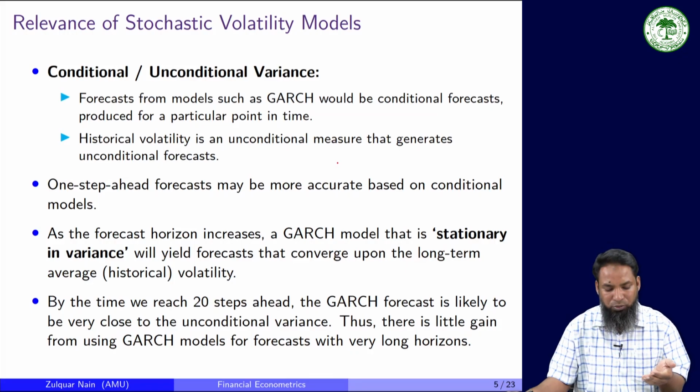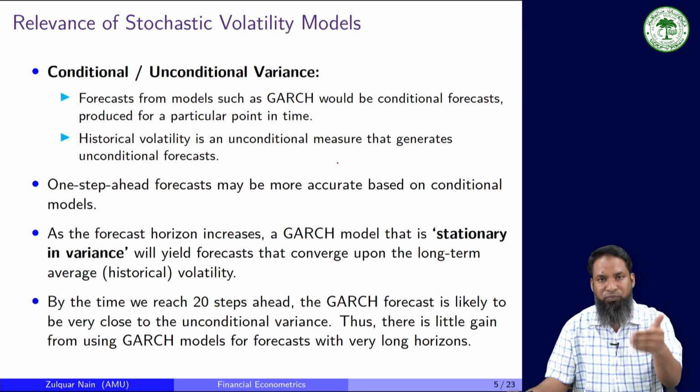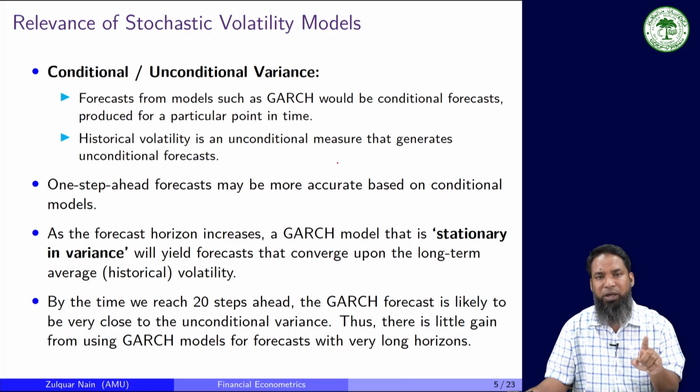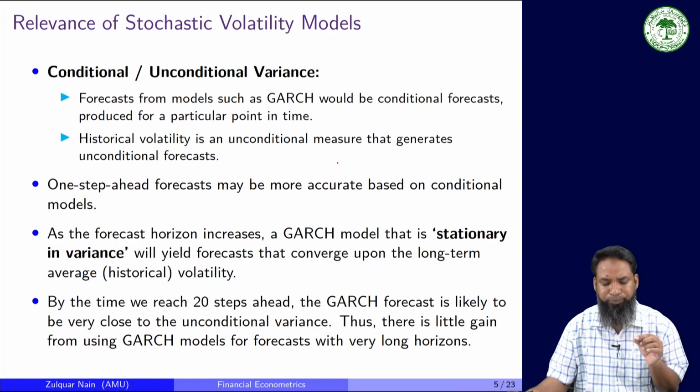So now, due to this conditional and unconditional variance, what implications do we have? The implication is that a short-term forecast, let us say a one step ahead forecast, may be more accurate when you are using the conditional models, for example, GARCH or the different variations of the GARCH models.